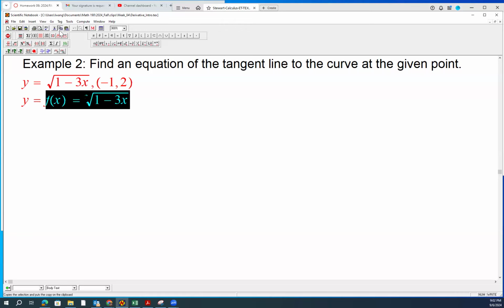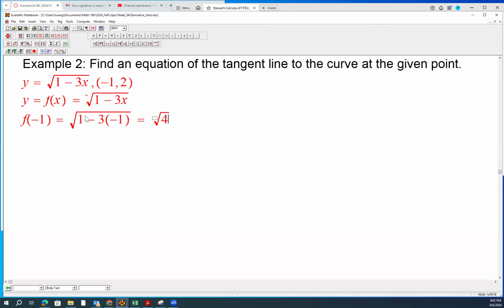When we plug in the input a, our a is -1, so this is going to be equal to root of 4, that's 2.